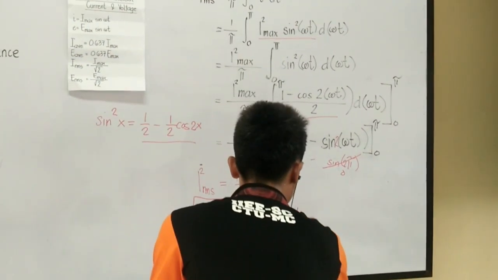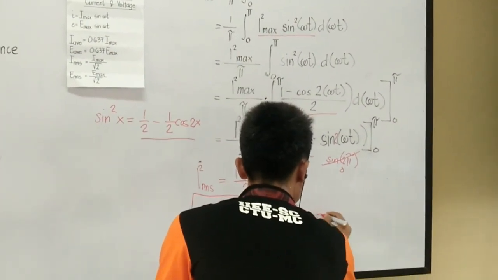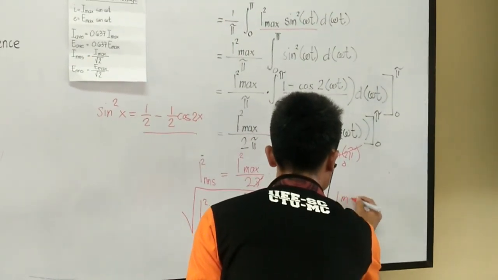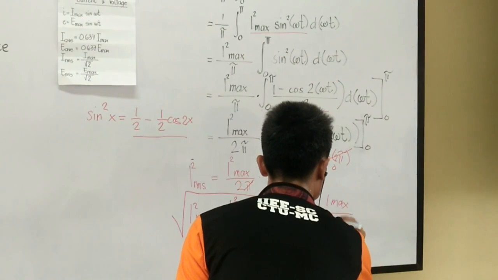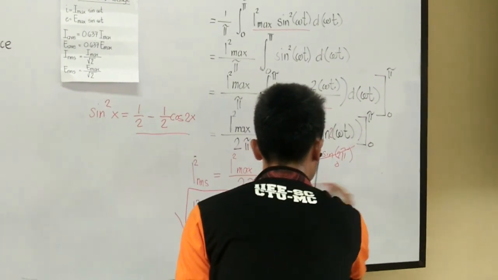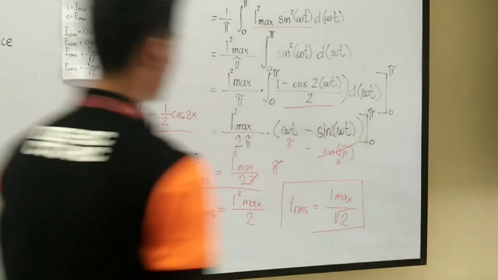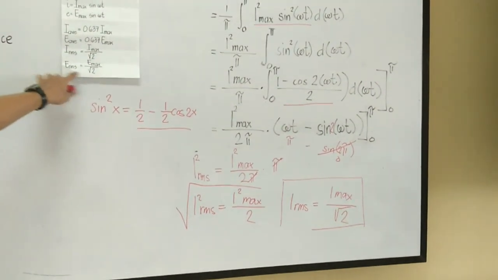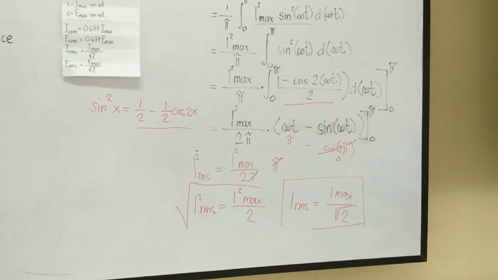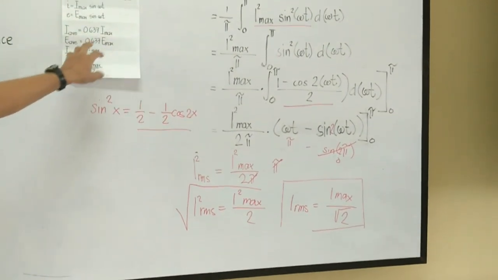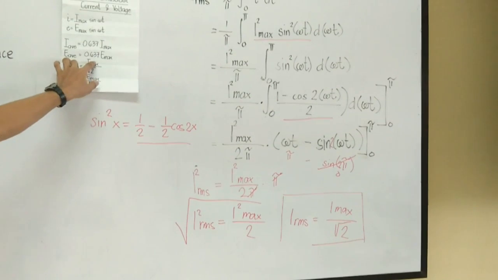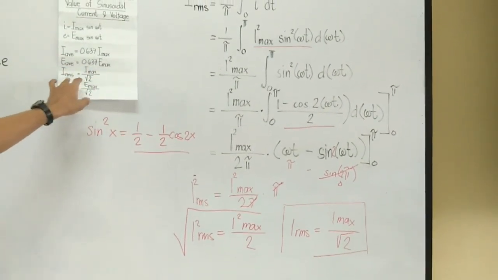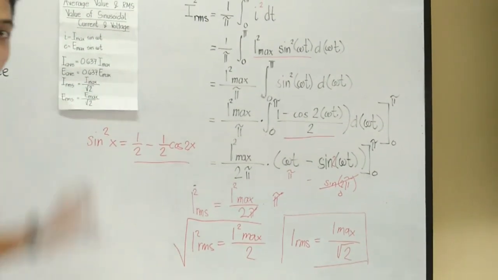Now we have the final RMS value of I max over square root of 2. The same applies to the voltage. So that's the derivation of how to prove the ratio of the average value, maximum value, and the effective value.